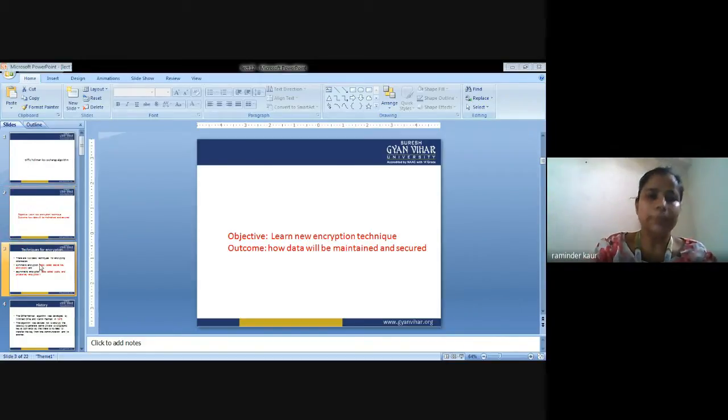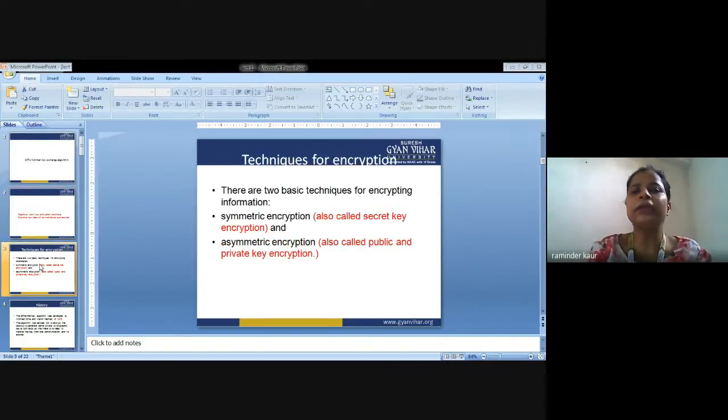So let us discuss the techniques used for encryption. As I discussed in previous lectures, there are two techniques: symmetric and asymmetric encryption. Symmetric encryption is called secret key encryption, and asymmetric encryption uses two keys, a public key and a private key.